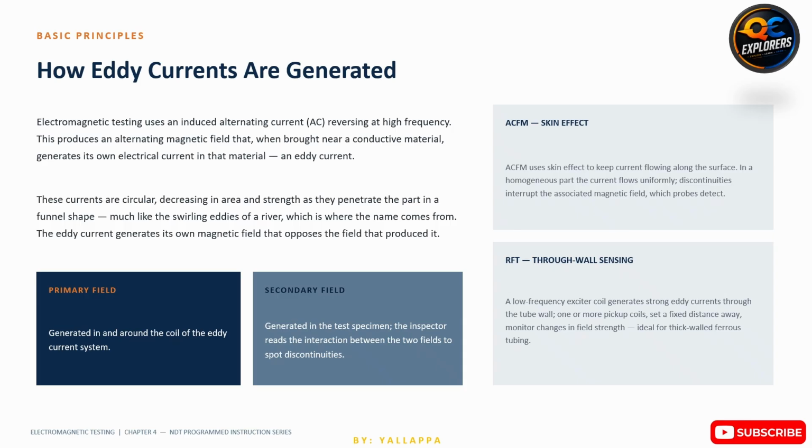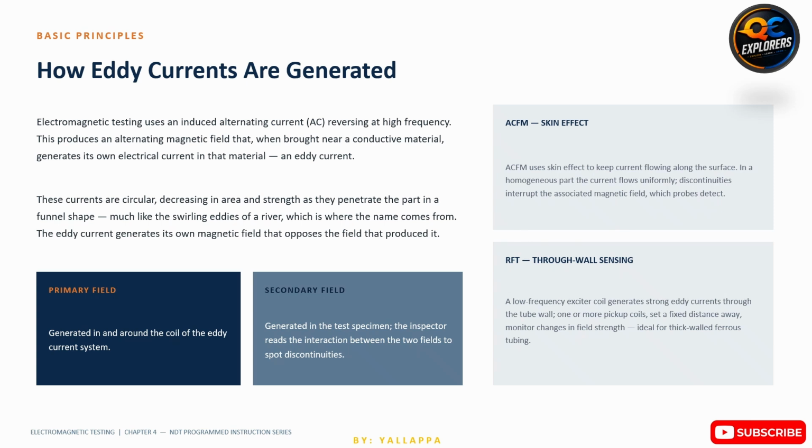The slide also briefly introduces the operating principles of ACFM and remote field testing. ACFM intentionally keeps current concentrated near the surface using the skin effect, making it highly effective for detecting and sizing surface-breaking fatigue cracks. In contrast, remote field testing uses low-frequency excitation that allows the magnetic field to travel through the tube wall, enabling inspection of thick ferromagnetic tubing.